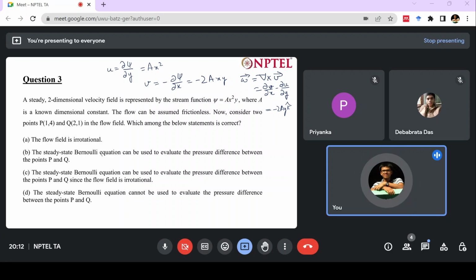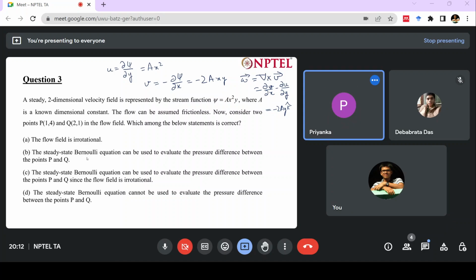Okay. So what is the next option? Next option is steady state Bernoulli equation can be used to evaluate pressure difference between points P and Q. So two points are given, P and Q. Can Bernoulli's equation be used in this case? How will you find that out? Yes, sir, it can be used. How?